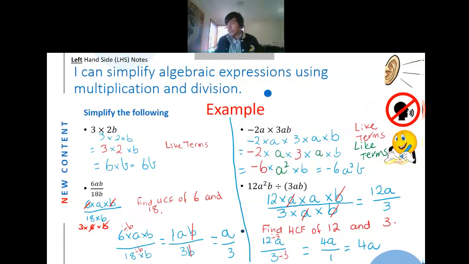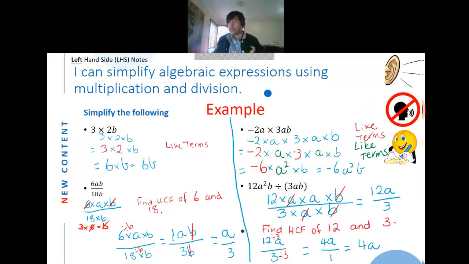now moving on to the right hand side here, we've got a negative number. So we've got negative 2a times 3ab. So let's rewrite this. So this is negative 2 times a times 3 times a times b. So again, we're going to multiply the numbers. Okay, so negative 2 times 3.